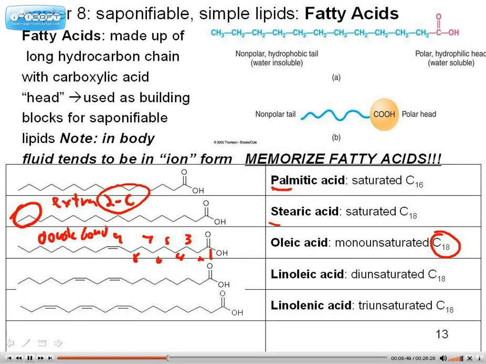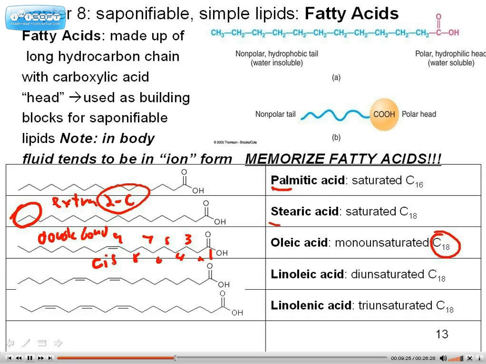Now, it prefers to have it in the cis form. There is a trans form of oleic acid, but the body prefers the cis form. Think of cis fatty acids versus trans fatty acids as qualities of gasoline. Although your car can function on both 87 or 92 premium gasoline, it prefers the 92. It's a cleaner burning fuel. Same thing with cis and trans.